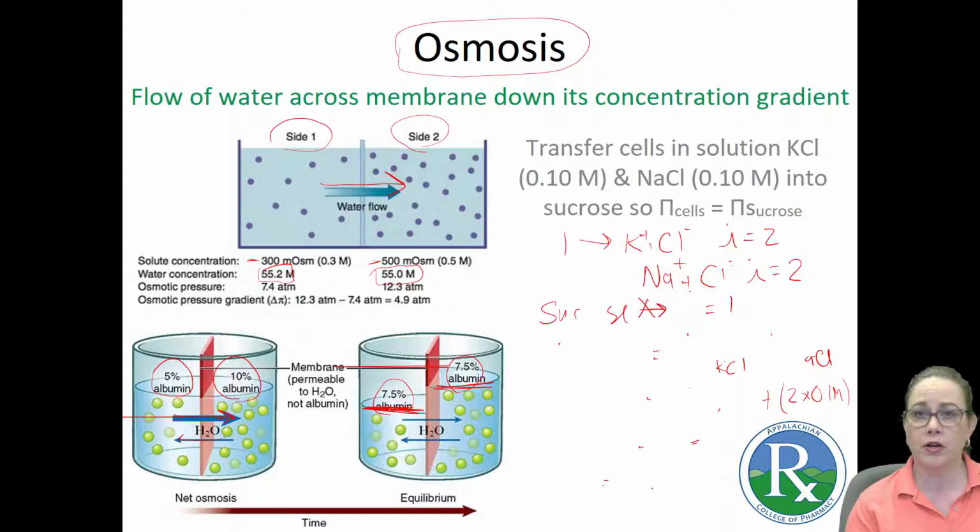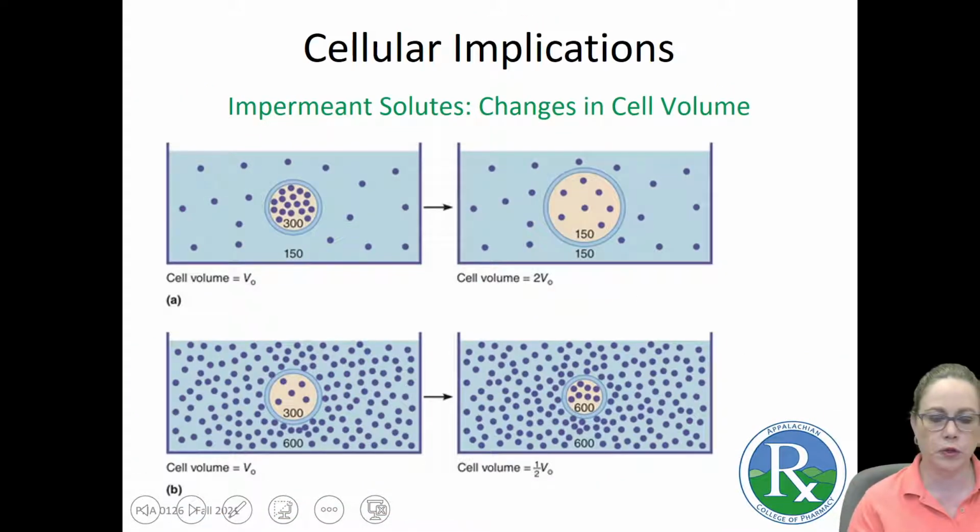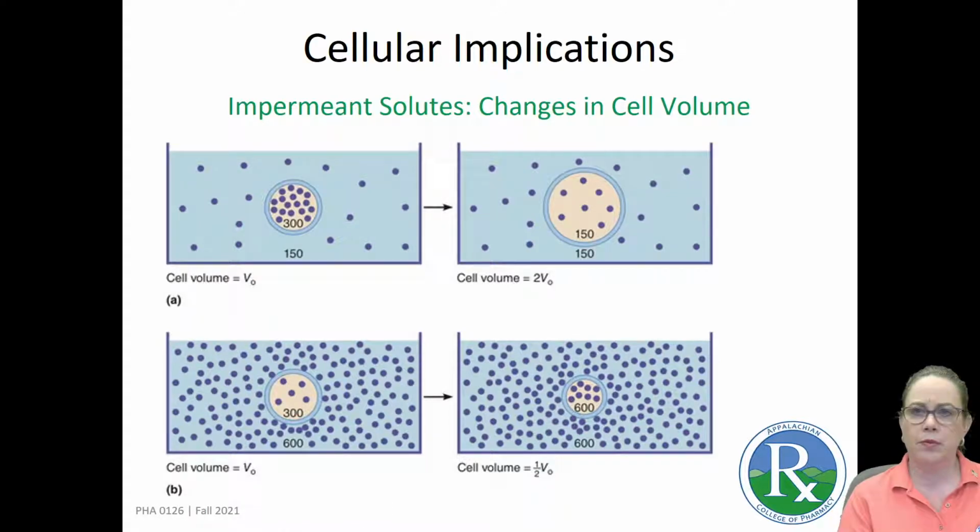We are going to alter the volume of whatever you're looking at. To look a little more closely at that, in this example, again, we're looking at an impermeant solute. So that means that solute is not able to pass through the membrane. The only thing that can move in that scenario is water.